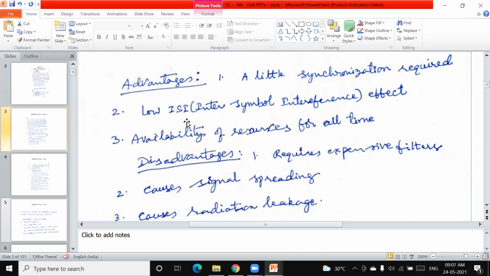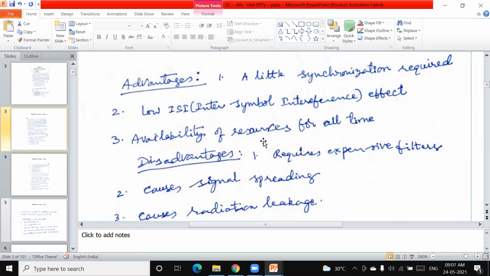Therefore the pulse width increases, because the different symbols are transmitted at different times. That effect is less in this case. Once ISI is increased, the data rate will decrease. That is why ISI is less in FDMA.